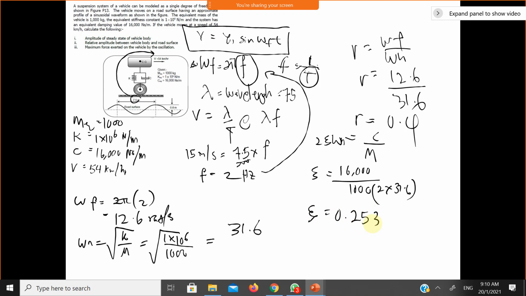Alright, so semua dah ada, zeta ada, R ada, then guna formula terus lah untuk dapatkan X steady state. So XSS over Y0.